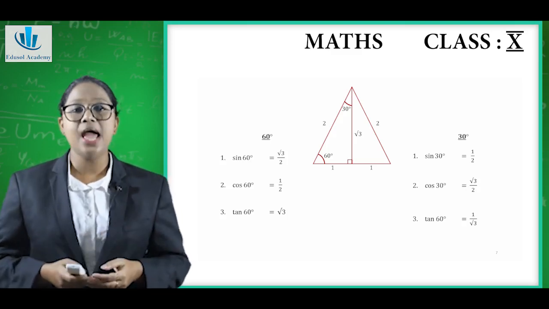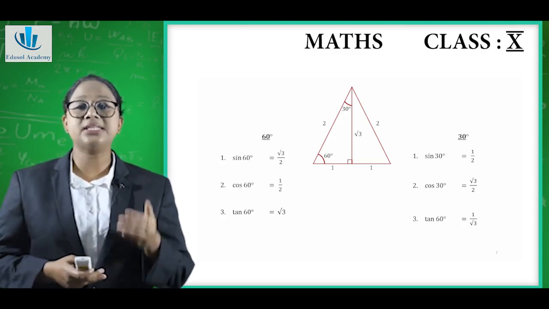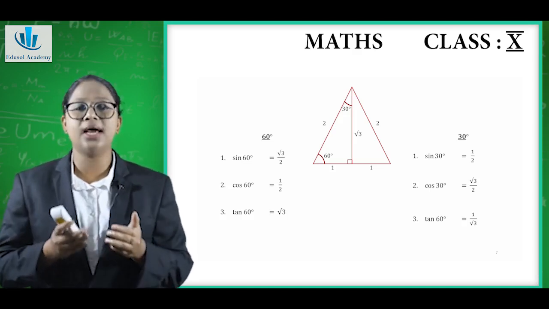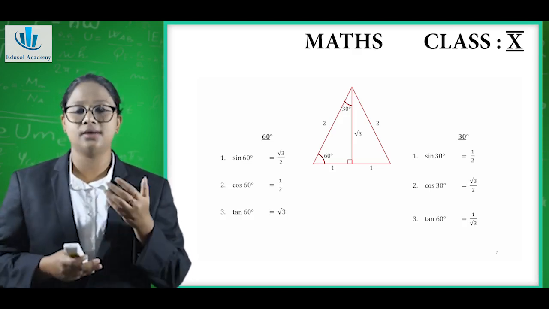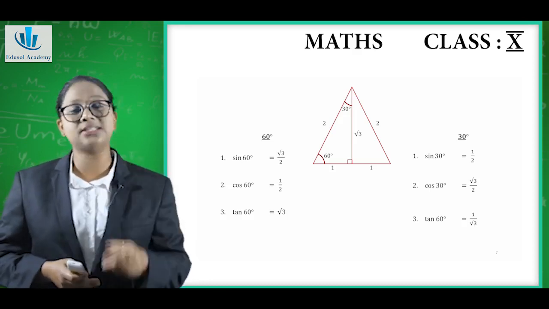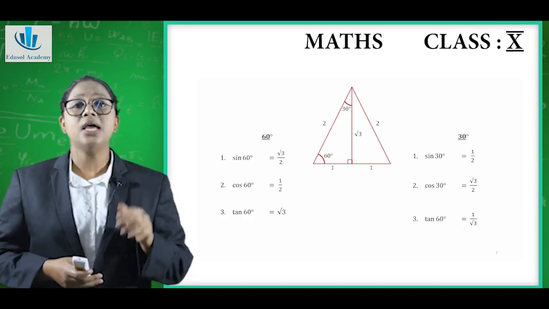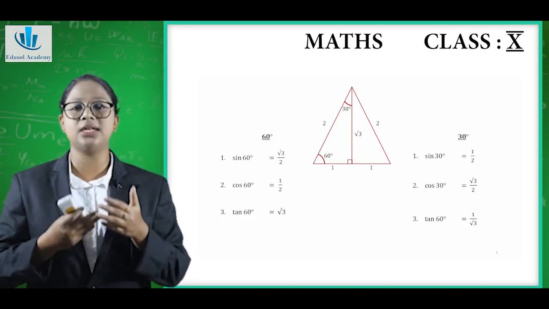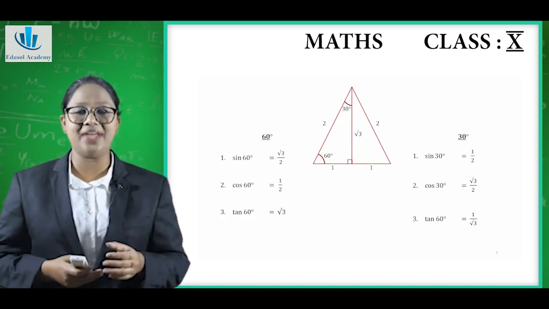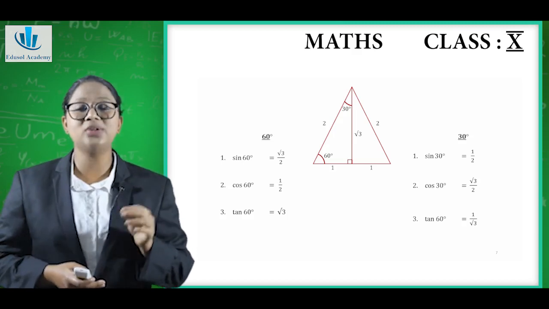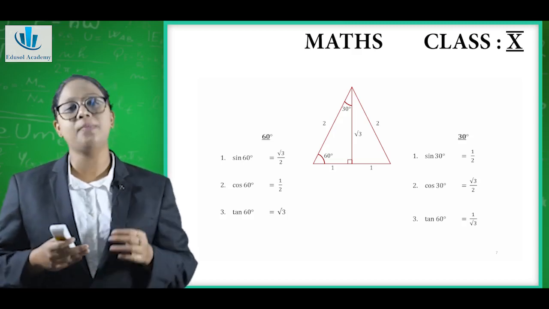I hope you understood. Now if you observe, the ratios of 60 and 30 look like those of 90 and 0. You can see sine 60 and cos 30 are the same value. Again, cos 60 and sine 30 are the same value. So there is a relation, and we can observe that tan 60 is root 3 and tan 30 is 1 by root 3.